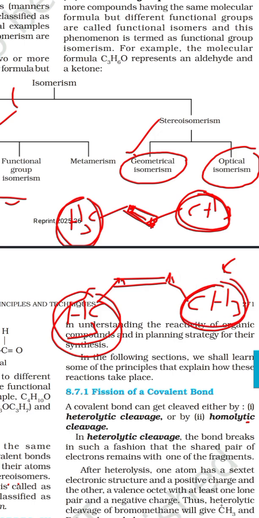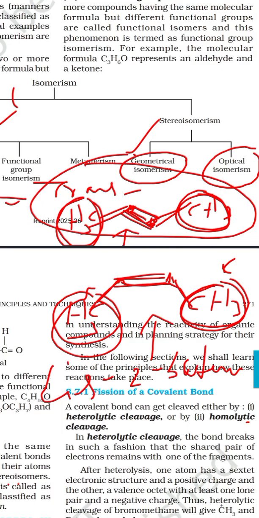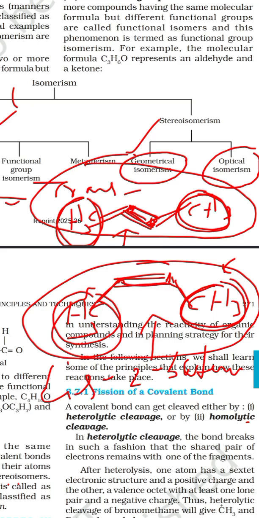But here across this double bond, this CH3 is above and this CH3 is below. But here across the double bond, this CH3 is below and this CH3 is also below. That means here both the CH3s are on opposite sides, but here both the CH3s are on the same side. So this one is called trans 2-butene, and this one is called cis 2-butene.